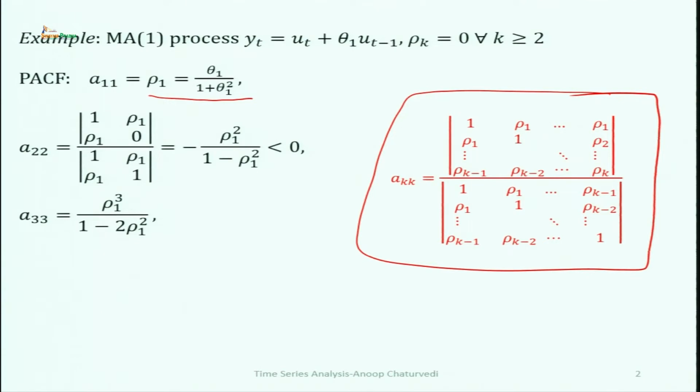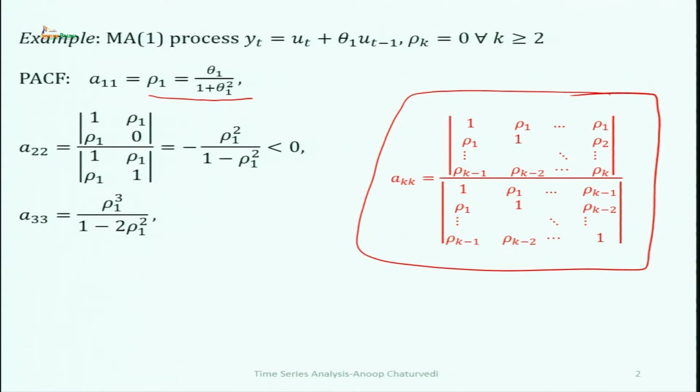Since for the MA1 process rho 2 is equal to 0, in the numerator you get the determinant 1, rho 1, rho 1, 0, and in the denominator the determinant 1, rho 1, rho 1, 1.